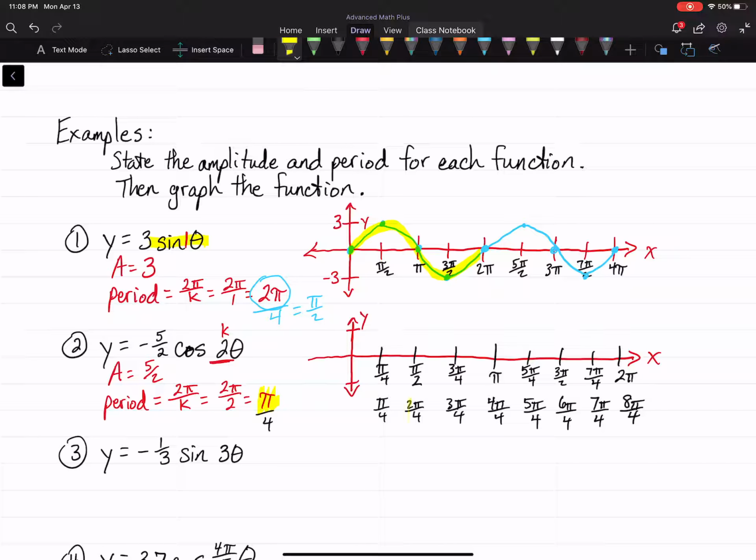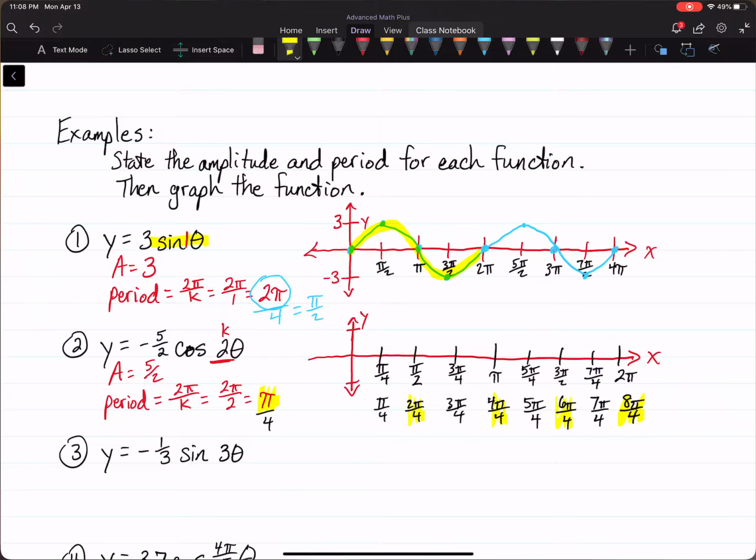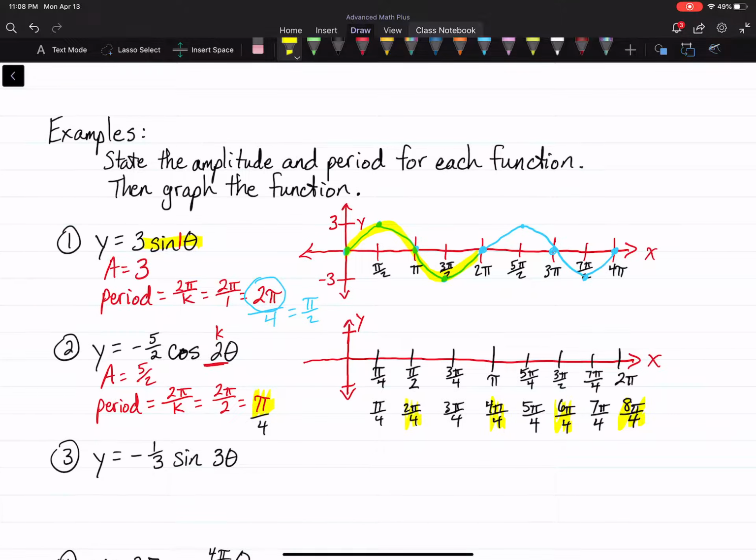I just reduce the highlighted ones here. Okay? And those reduce to pi over 2, pi, 3 pi over 2, and 2 pi. And then it's just remembering where you start and where you go.